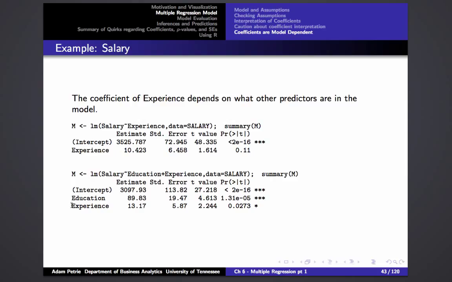However, notice now that when we add in education into the model, the coefficient has changed from 10.4 up to 13.2, and now all of a sudden it's statistically significant. I'll talk more about that later. Remember, we saw that education was basically overshadowing the effect of experience, so after we account for education, the effect of experience becomes clear. But notice just how much the coefficient of experience changed.